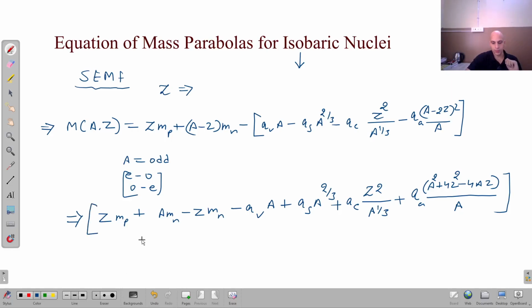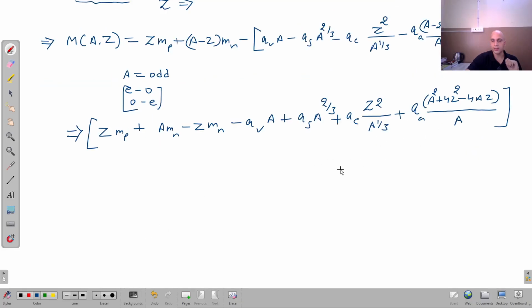So this is the expansion. Now I am going to expand this also. This term will become asymmetry energy term into A, because when it is divided by A you get only A, plus asymmetry energy term into 4Z square divided by A, minus asymmetry energy term into 4Z, as A got cancelled, right?